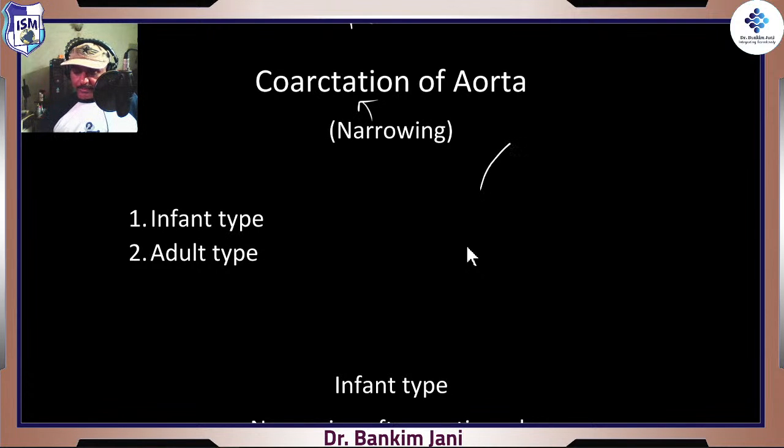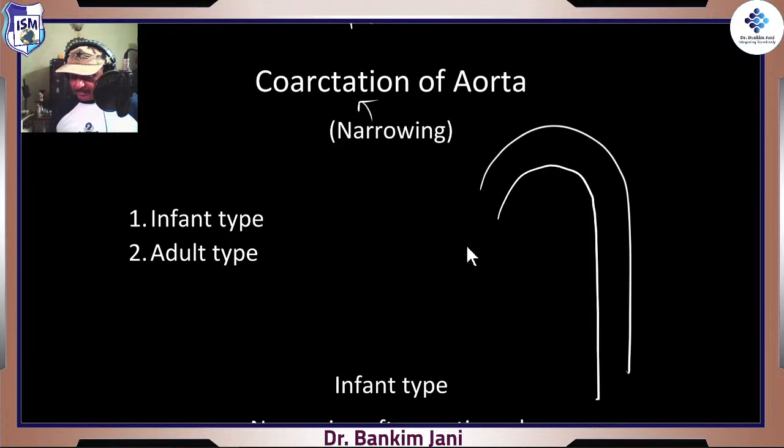you know that this is the arch of aorta, right? There is the ascending aorta, the arch of aorta, and then there is the descending aorta. From here, there would be the brachiocephalic artery.